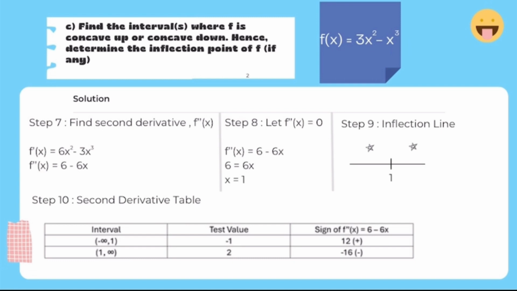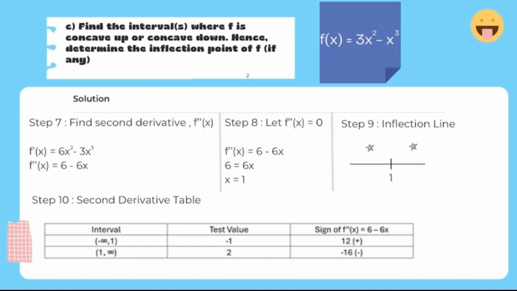The next step is step 8. Let the second derivative function equal 0, and then we will get the x value of 1. After that, for step 9, we will do the inflection line, where it shows the range of the values around x equal to 1.